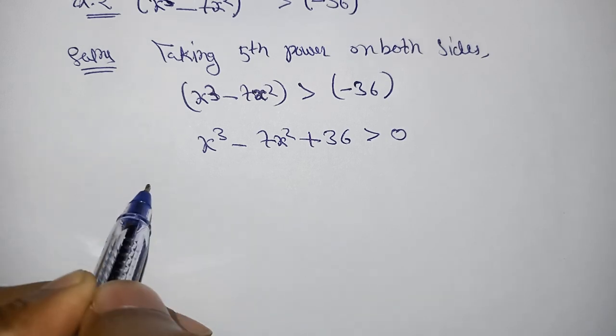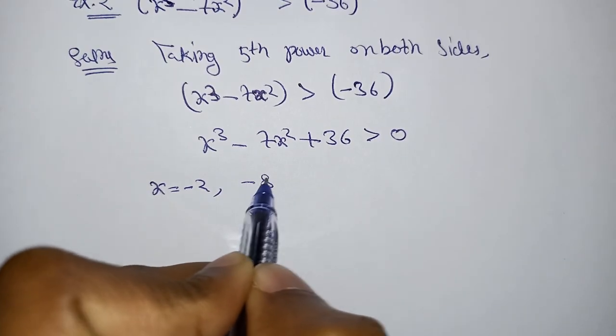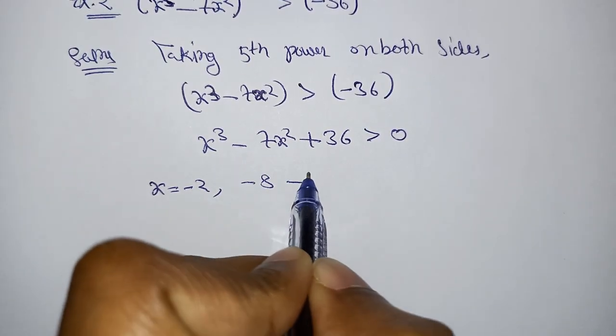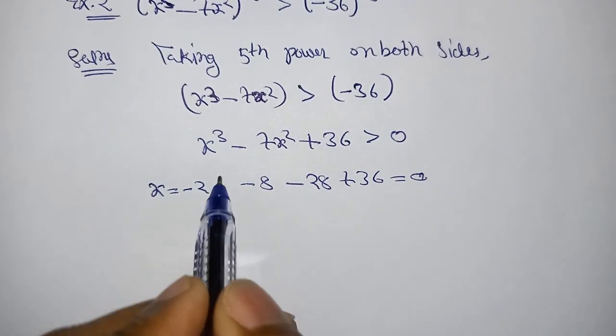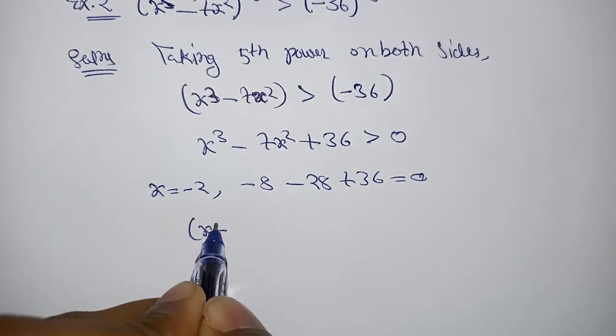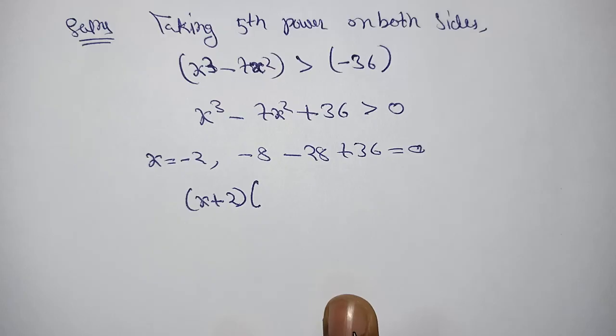How? When we take x equal minus 2, this value will be minus 8, minus this value will be minus 28, and plus 36 equals 0. That means x plus 2 is a factor, and the rest will be found by using synthetic division.